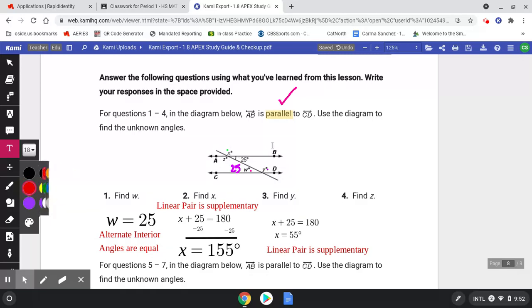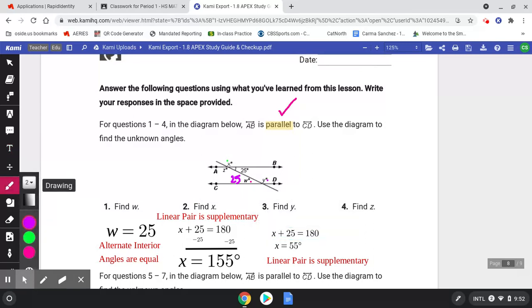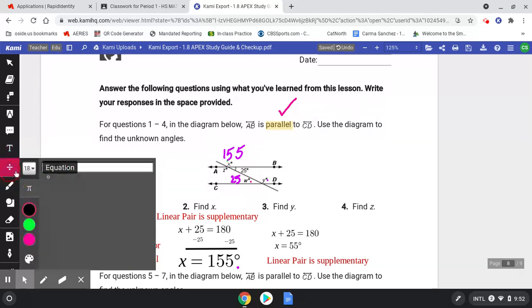Since we already know that X is 155 from when we solved right down here, you can do this as a vertical angle. You can just say that Z is equal to X, and therefore Z is equal to 155. And that's by vertical angles are equal.